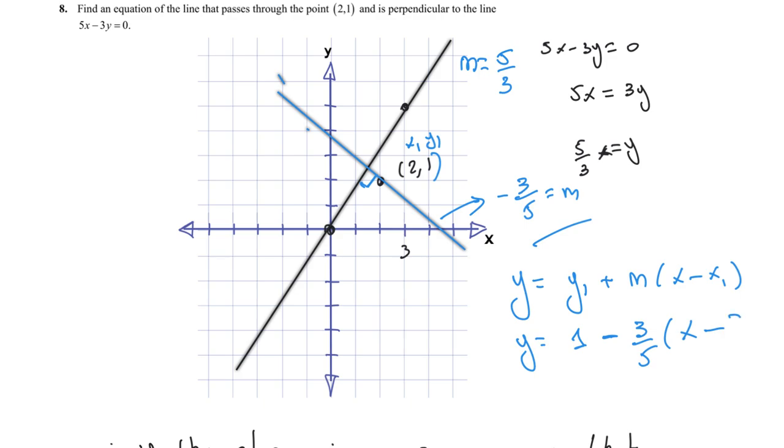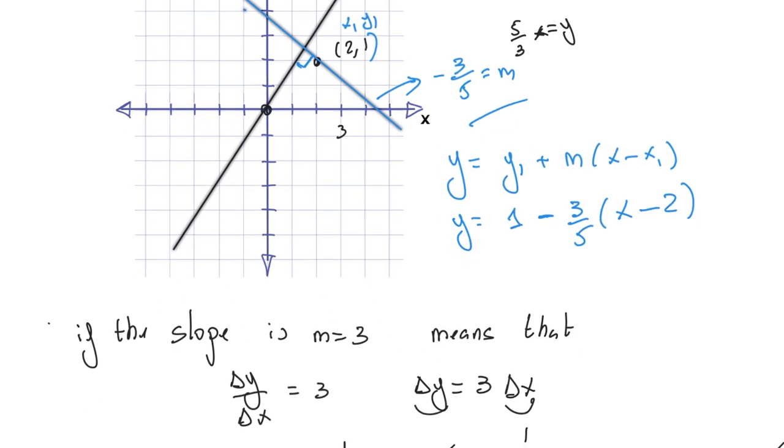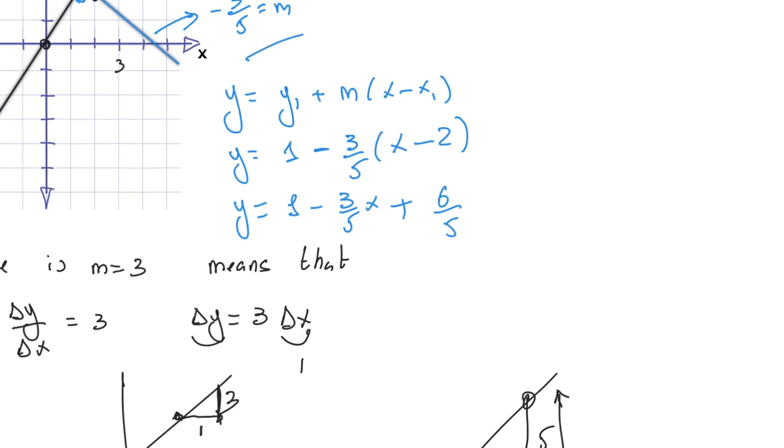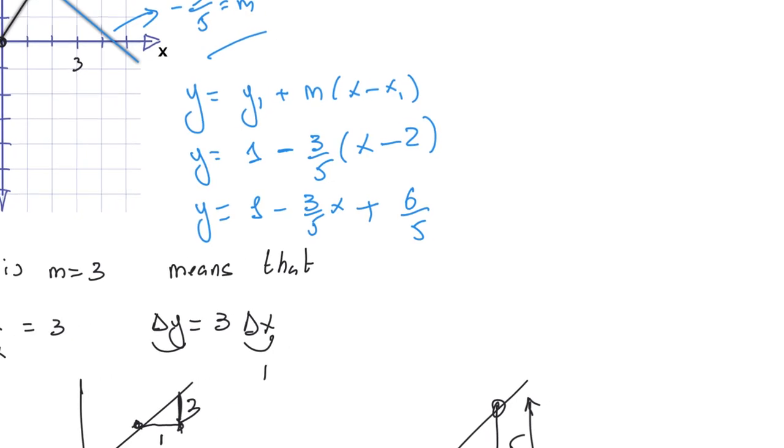x1 is 2. And if I do a little bit of algebra, it will be 1 minus 3/5 of x plus 6/5. The line will be y equals 1, which is 6 divided by 6, minus 3/5 of x plus 6/5.